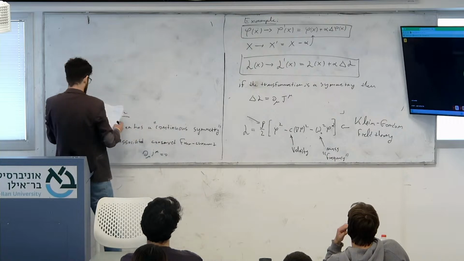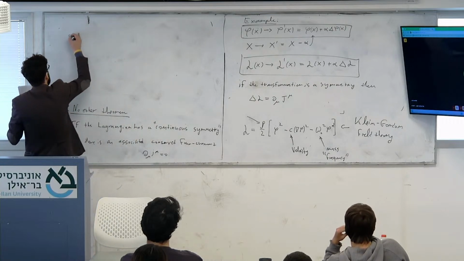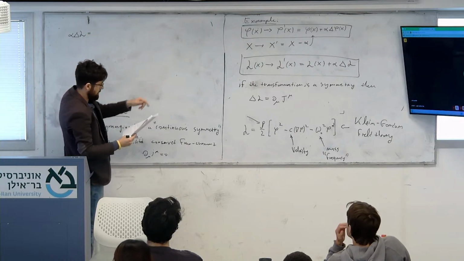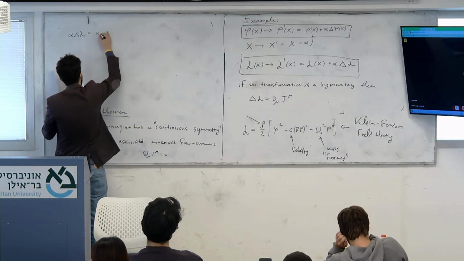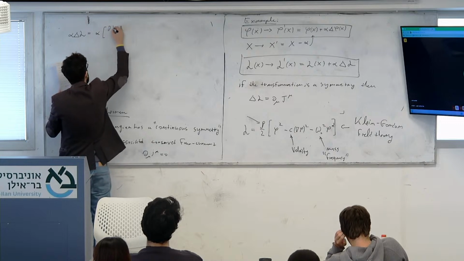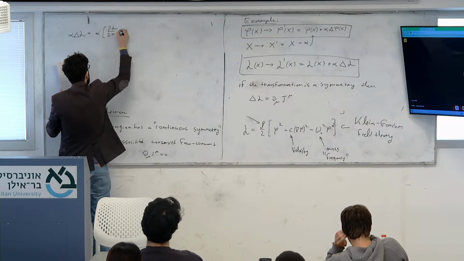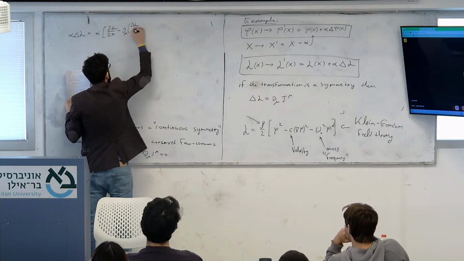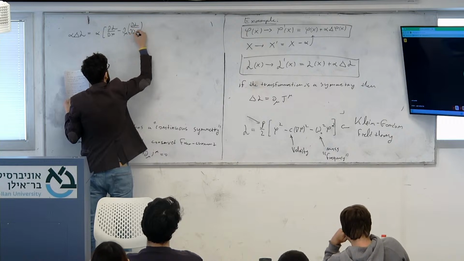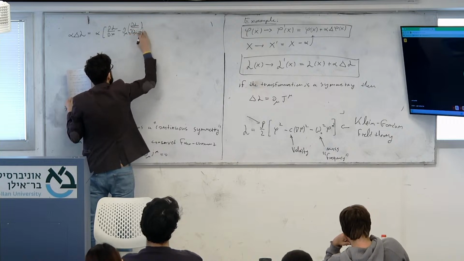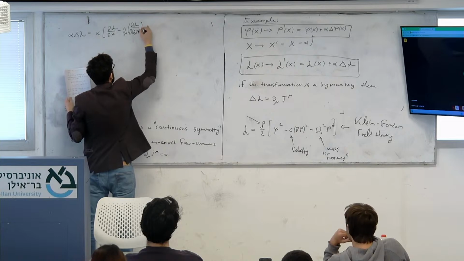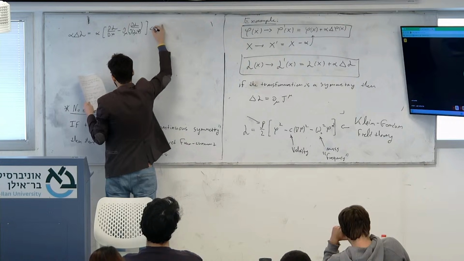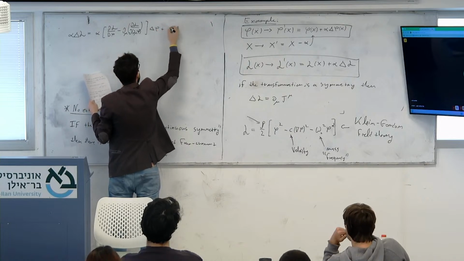Because what we're going to have is alpha times delta L, okay? Just from that variation, we know already that it's going to be alpha times dL/dphi minus d_mu dL/d(d_mu phi), times delta phi plus the boundary term.